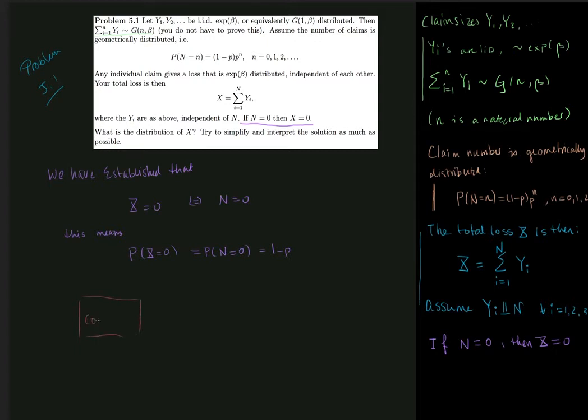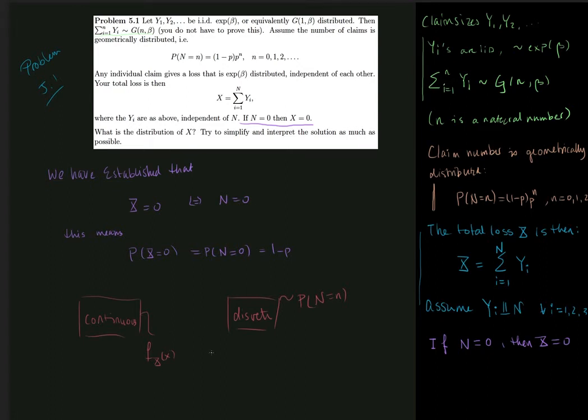You had a box for the continuous distributions and you had a box for the discrete distributions. And what we always learned was that for the discrete distributions, you have stuff like probability that n is equal to n, and for the continuous ones, you always had stuff like the density of x and so on.